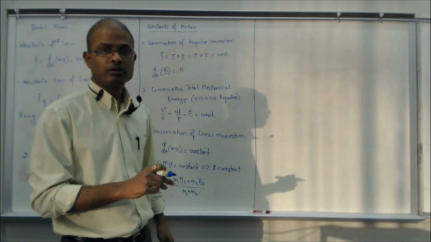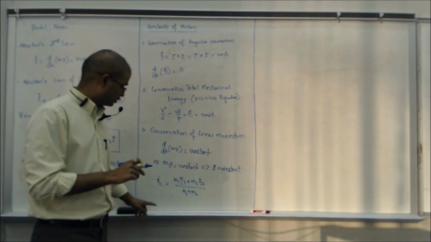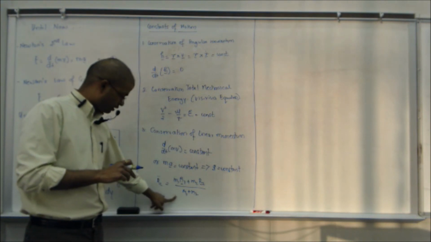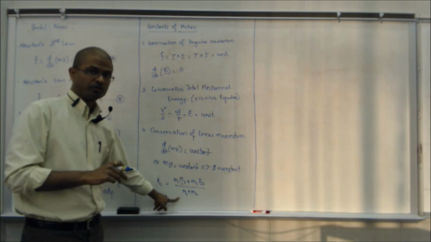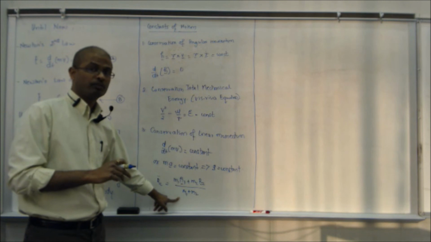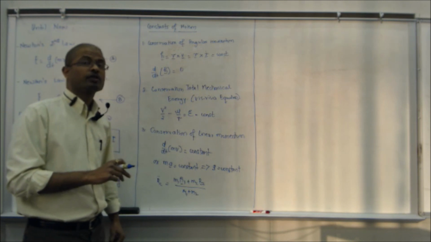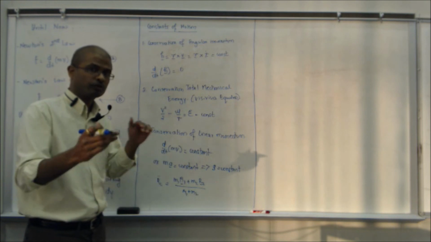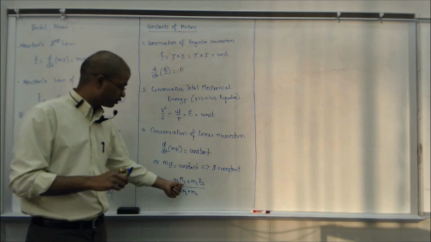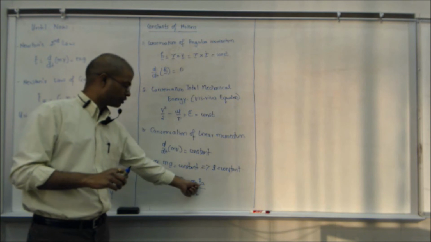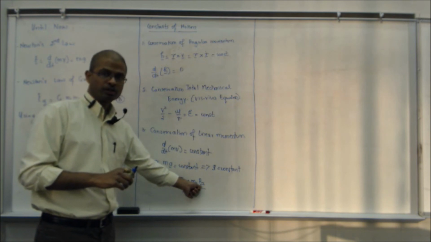It's the same as the absolute acceleration, yes. It's absolute acceleration of the center of mass of two-body system. So this is absolute distance of body 1. This is absolute distance of body 2 from an inertial point, right?